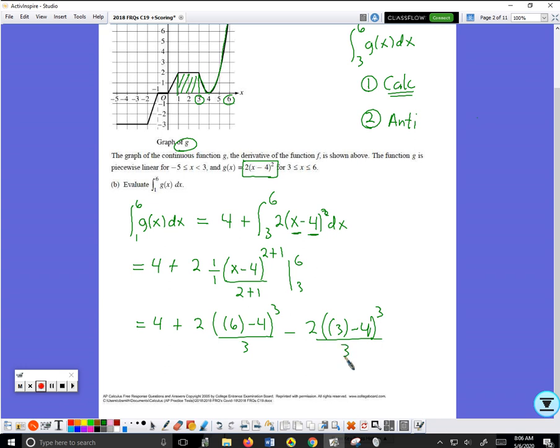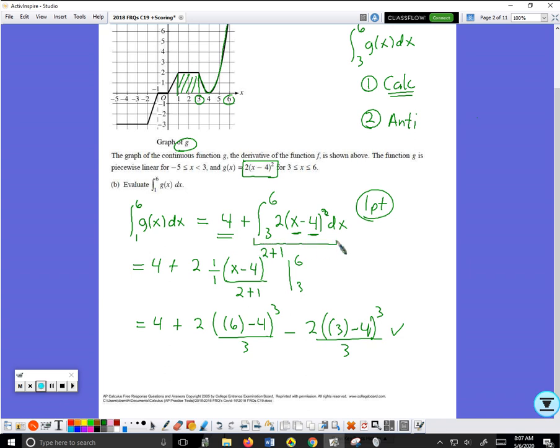So just double check the scoring guide here. Yep, that's as far as I have to go. So the way they awarded points on this one is they gave you 1 point if you recognize that you had to use area to find this portion of the integral, and then you had to create a separate integral.